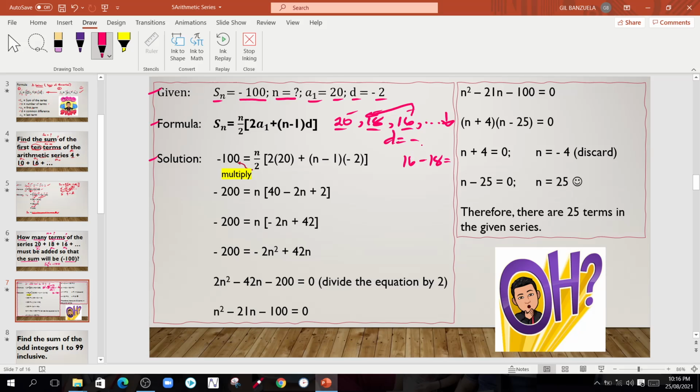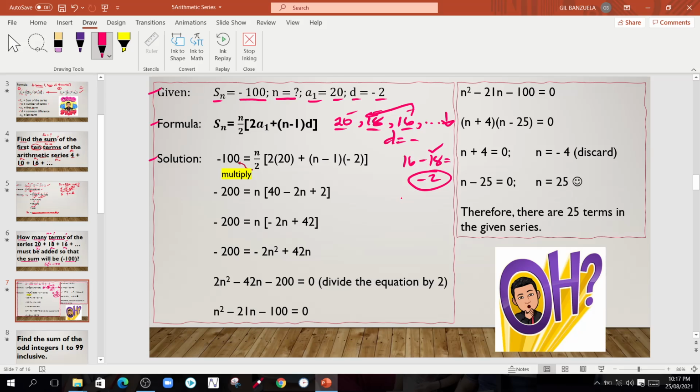So, susundin daw natin yung sign ng mas malaking absolute value. Mas malaki yung absolute value ng minus 18, so therefore, yun yung magiging sagot. So, 16 minus 18 is equal to negative 2. So, instead of positive 2, dahil pababa tayo, negative tayo.